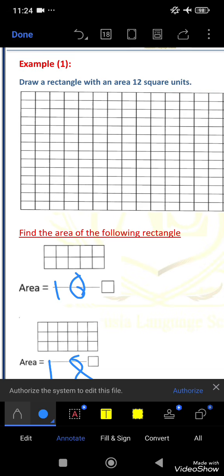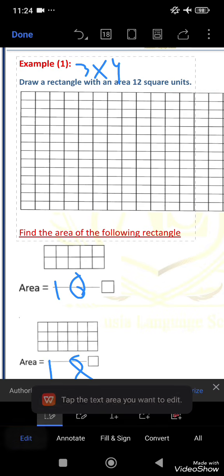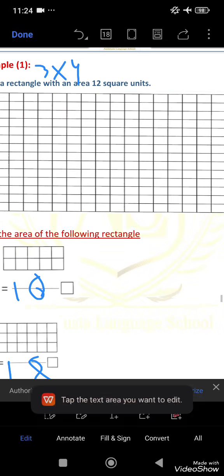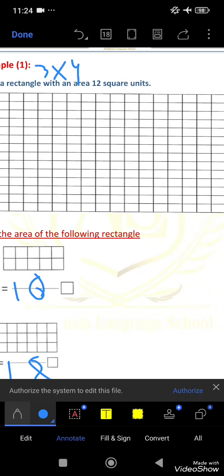Let's draw. I will make 3 times 4, and I will also draw 6 times 2.